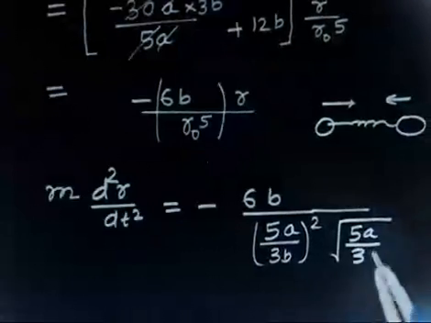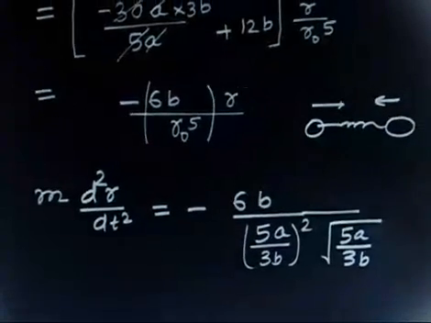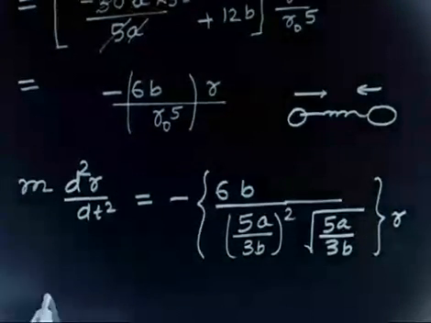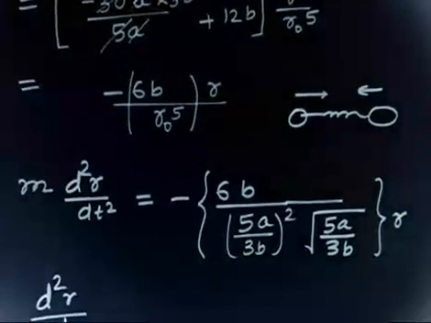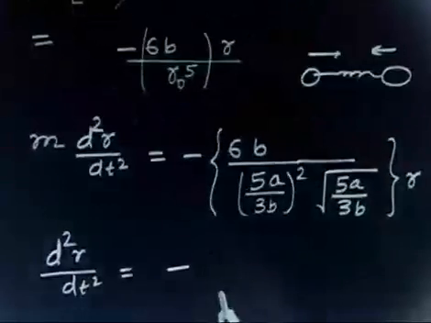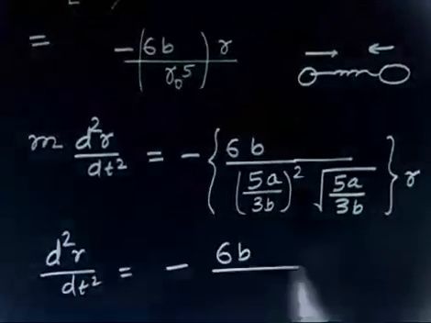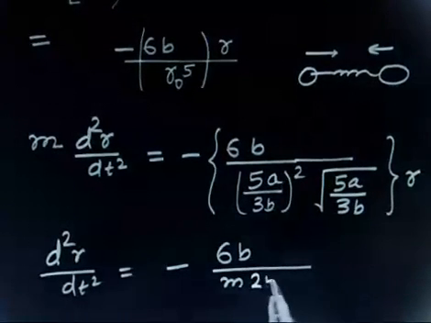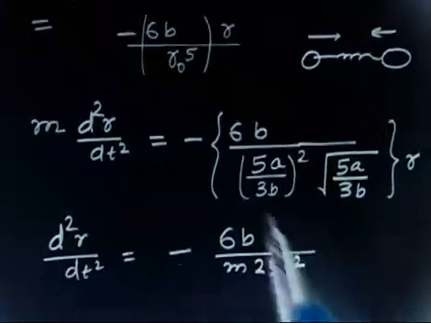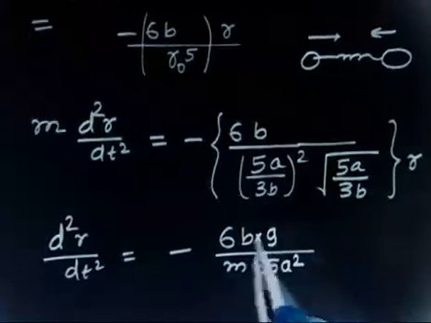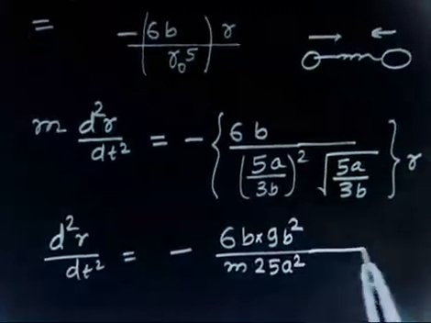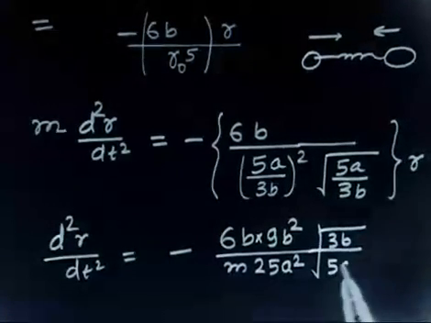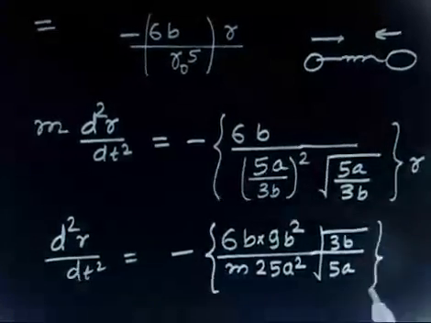You can do it yourself. So into r. So what we have now is d2r by dt square equals minus 6b by m, and this is 5a square, that is 25a square, and 3 into 3 is 9b square. So on the top you will have 9b square, and here you will have 3b by 5a, into r.